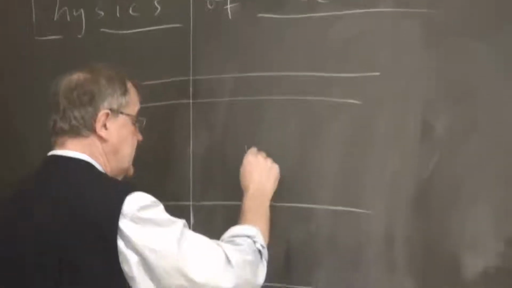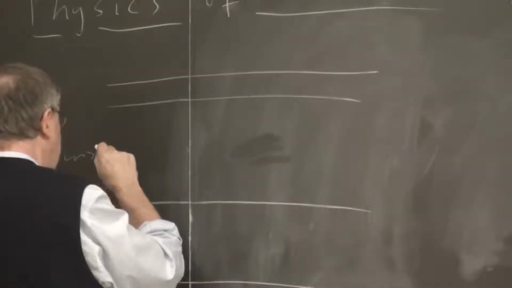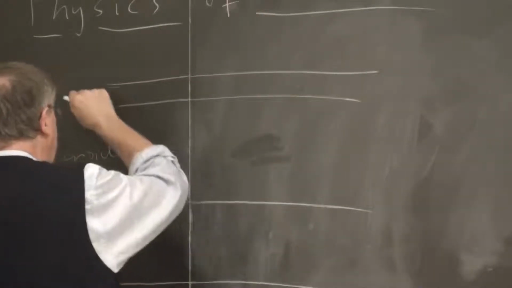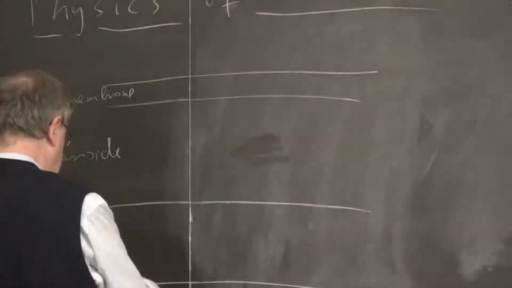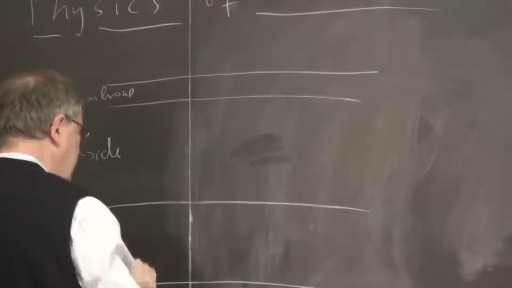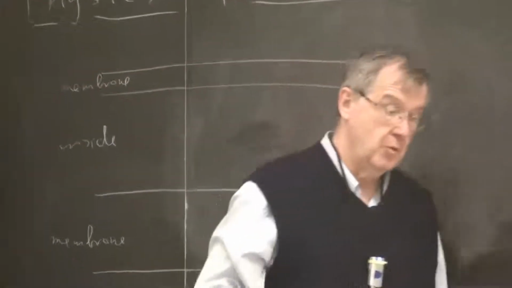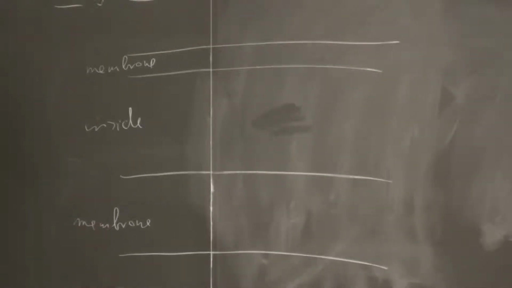So this one is the inside of the neuron, and here's a membrane, and one membrane I draw thin, the other membrane I draw fat. The reason is simply that I want to do my drawing in the bottom part and not on the top part, but they're of course the same size.